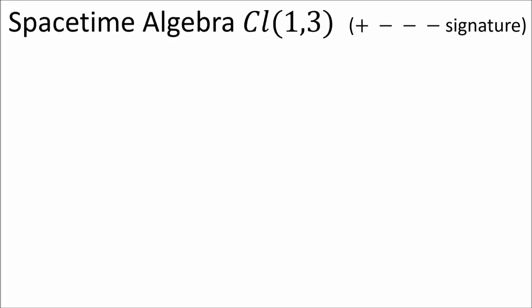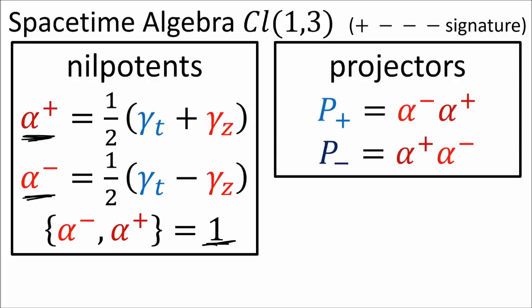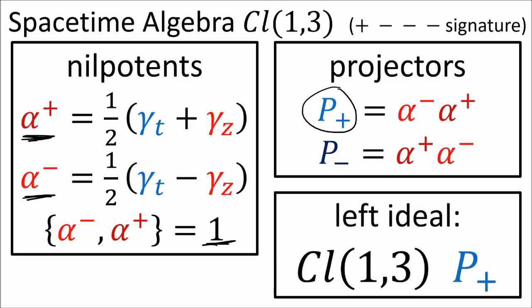So let's review what we've done here. We started with our spacetime algebra CL13. Then we found a pair of nilpotent elements, alpha plus and alpha minus, that anti-commute to 1. We then used the products of these nilpotents to give us projectors. We can now use one of these projectors to give us a left ideal by multiplying the entire algebra onto the projector from the left, a procedure we talked about in the previous two videos.